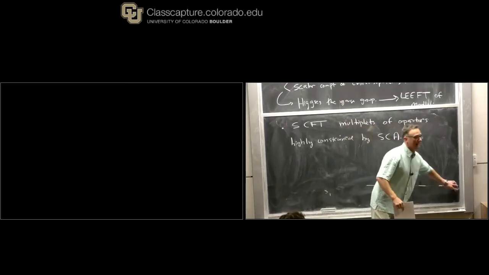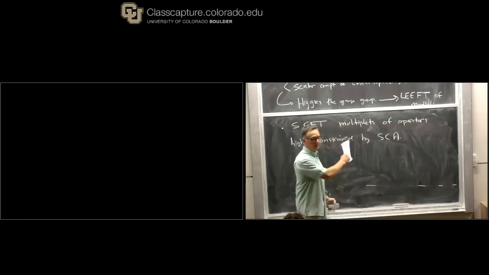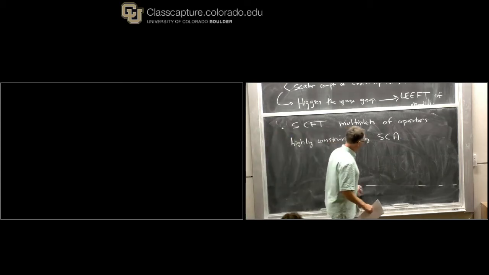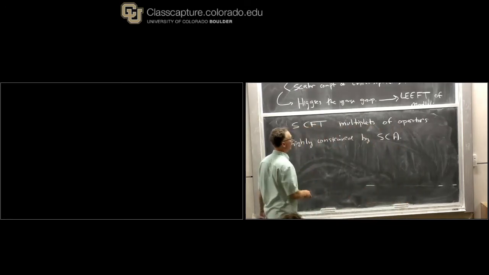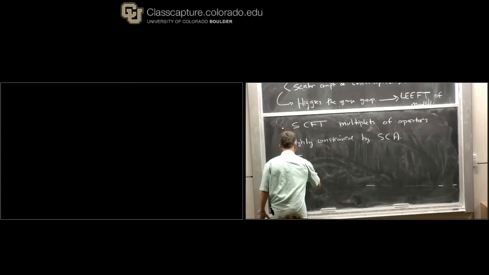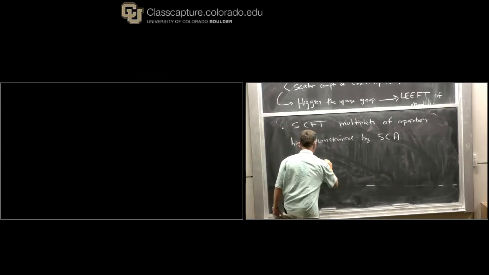And this is something that Leonardo Rastelli will discuss more in his talks, about the multiplet constraints in superconformal field theories. But the one thing that I wanted to emphasize is that one multiplet that we always have is the stress tensor multiplet. So T mu nu sits in a multiplet.